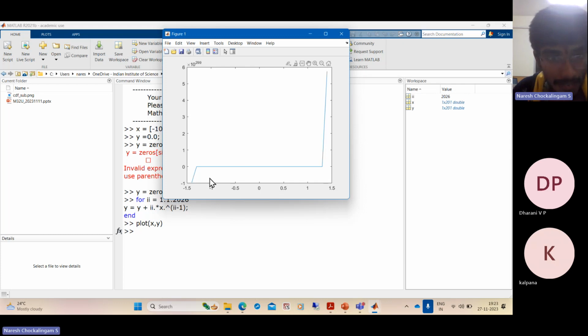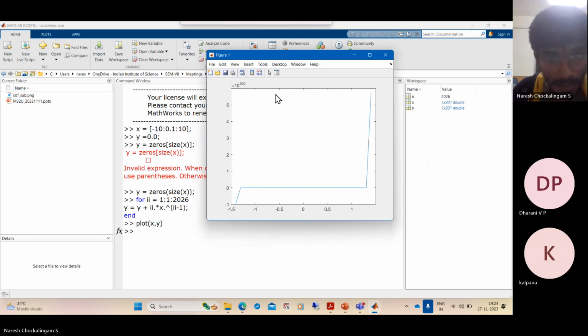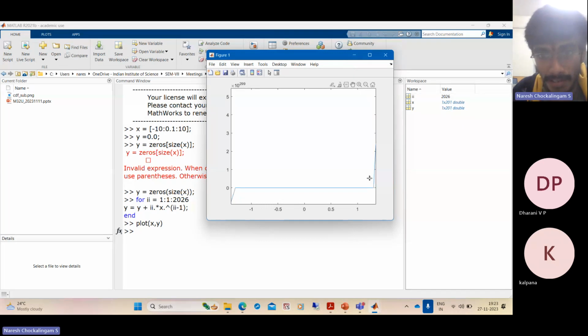Yeah, so you can see that, okay, why is it minus? Started from -10, right? Yeah, so you can see the maximum value is going to some nonsensical 10 power 299. So that is almost infinity.